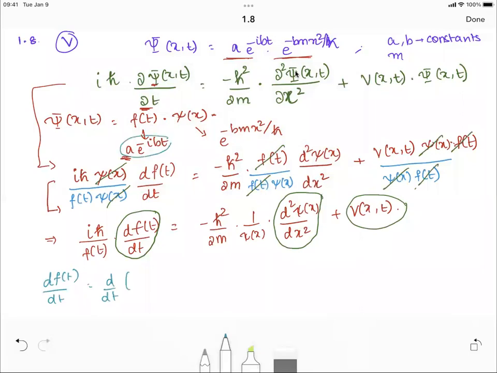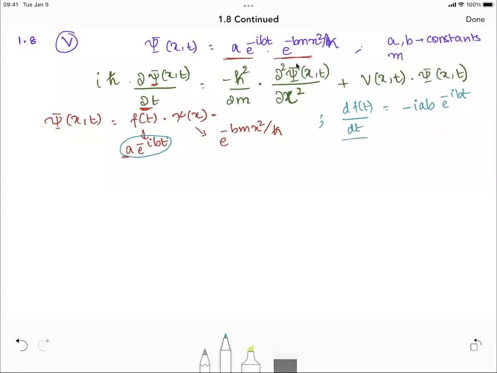It's A times e to the negative iBt. The constant comes out of the derivative, and the derivative of an exponential is the exponential times negative iB, because you take the derivative of negative iBt with respect to t. So you can write it as negative i A B e to the negative iBt. So we have the derivative with respect to time.